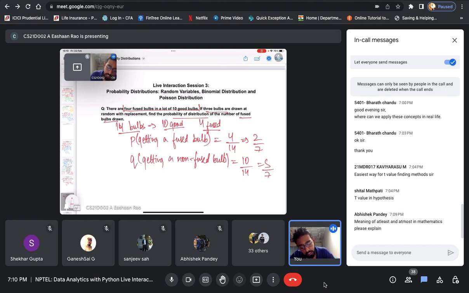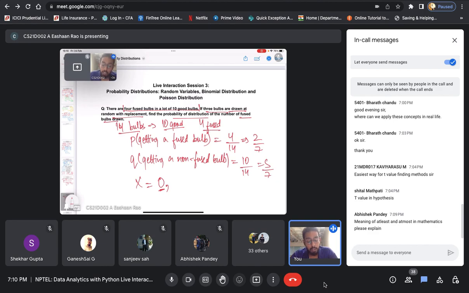Now they are asking, 3 bulbs are drawn at random with replacement. Find the probability distribution. So we have to identify how many times a fuse bulb has been drawn. Like we have seen earlier, when we are taking 3 bulbs out, there's a chance that none of the bulbs are fused, so the random variable outcome will be 0.